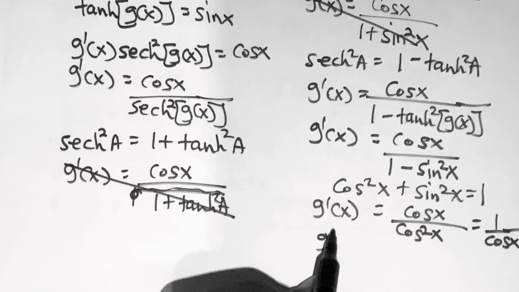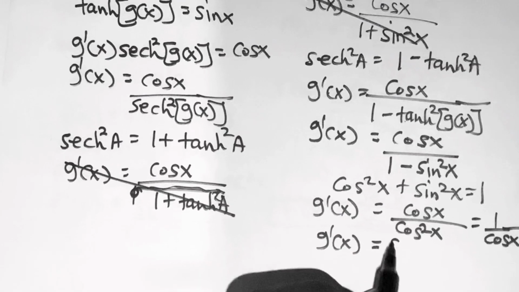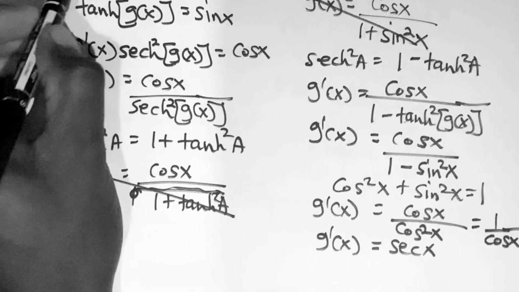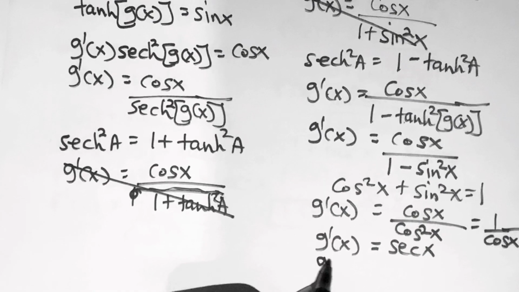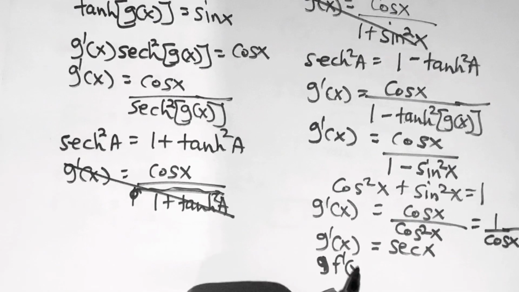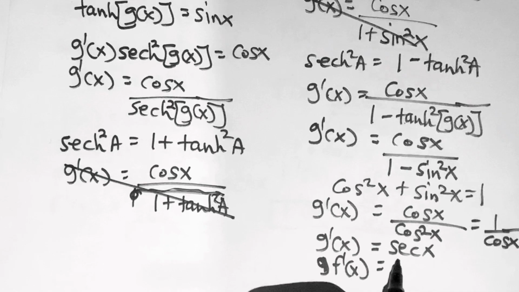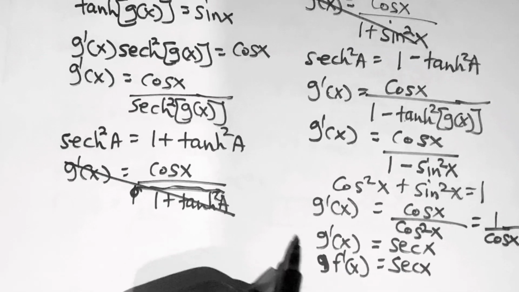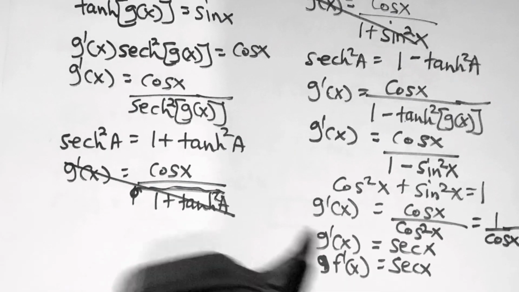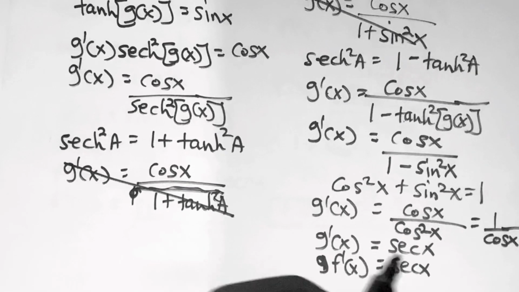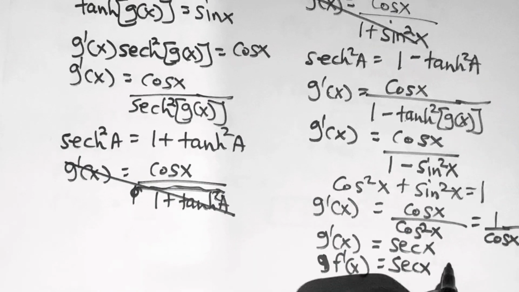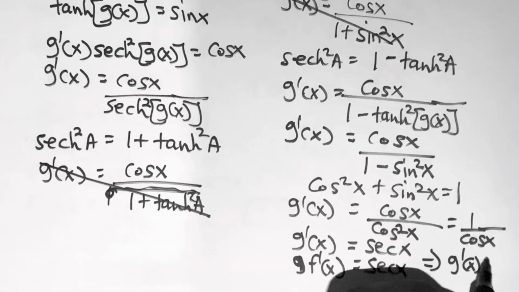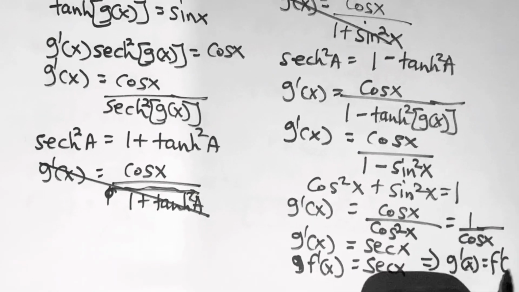But we know that 1 over cos x is equal to sec x, and therefore g prime of x is equal to sec x. But we got f prime of x to also be equal to sec x, and for that reason, since g prime of x is equal to sec x and f prime of x is equal to sec x, it implies that their derivatives are equal. That is, g prime of x is equal to f prime of x.